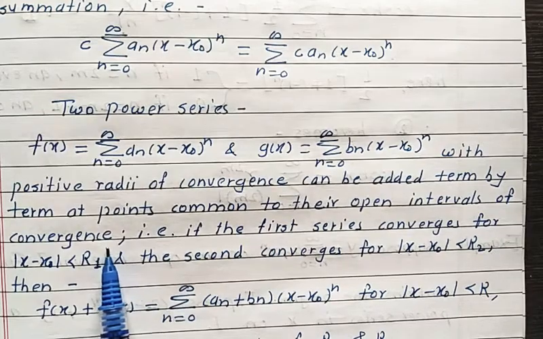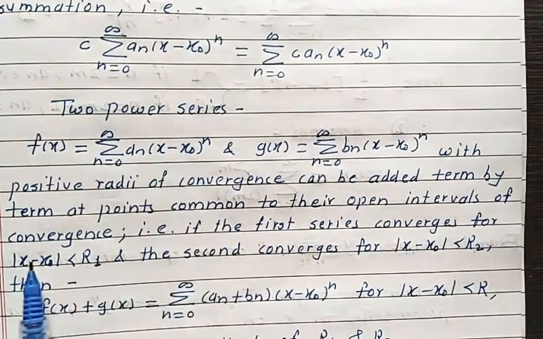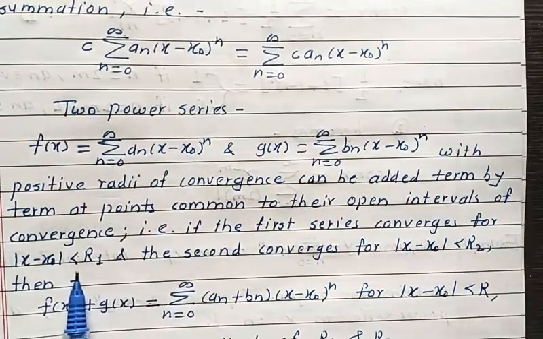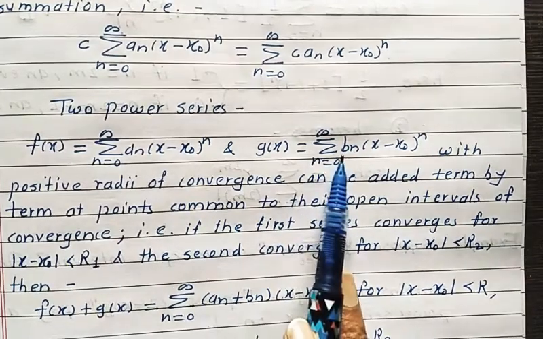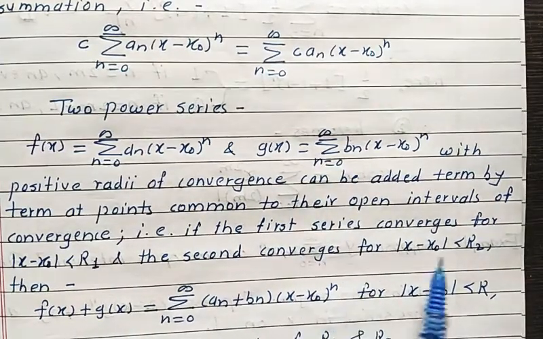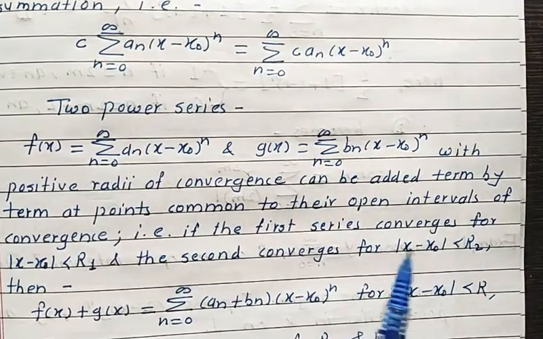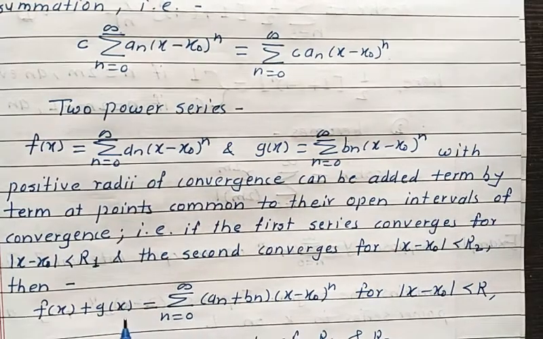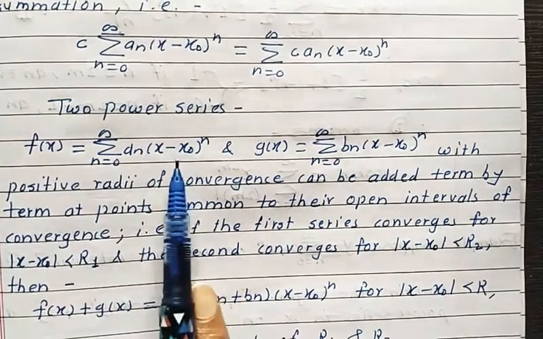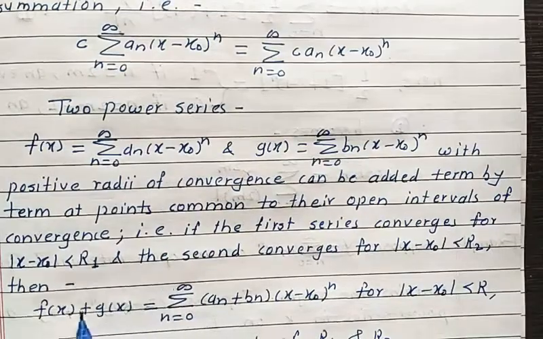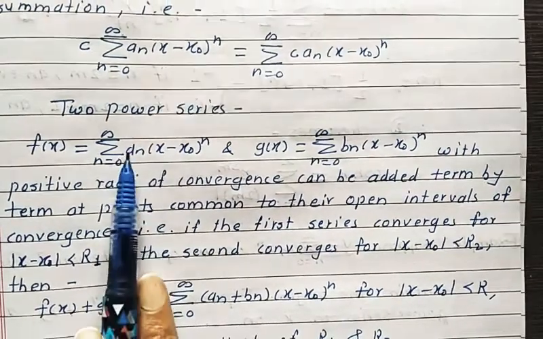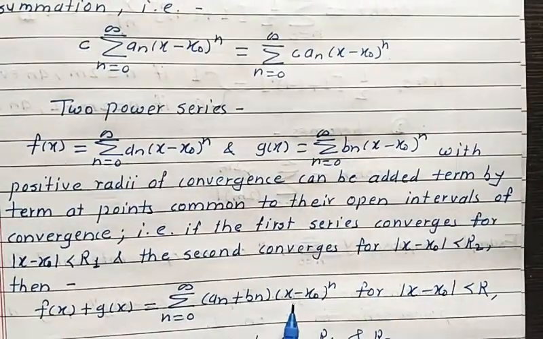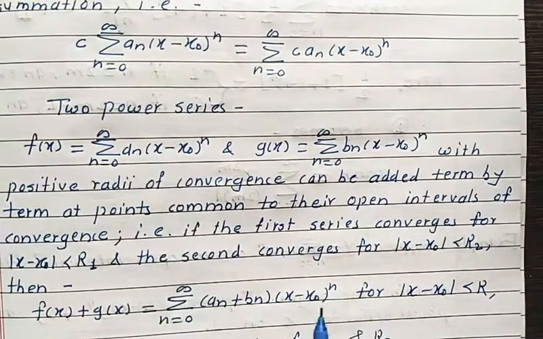That is, suppose the first power series converges for radius of convergence r1 and the second for radius of convergence r2, then f(x) plus g(x) is summation of (a_n plus b_n) into (x minus x naught) raised to n.